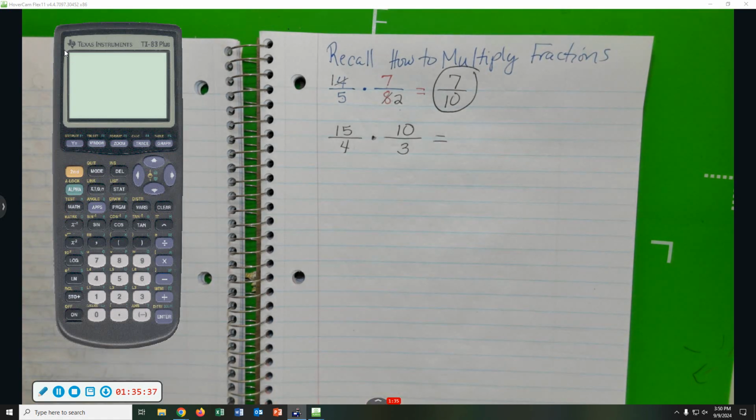One way you can do it is just multiply straight across, 150 over 12, and then reduce. The advantage of cross canceling like this is that you don't pick up those big numbers like 150.